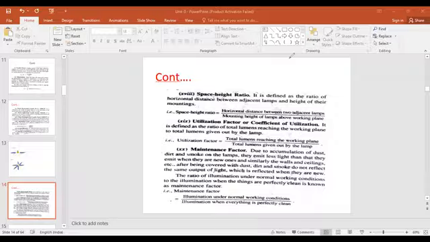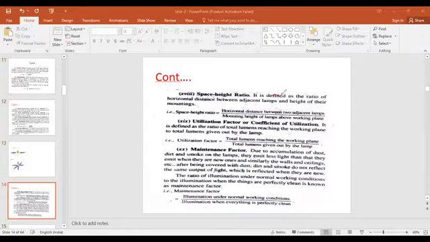If the lamp is on the ceiling, there is some distance between the two lamps, and it is mounted at some height above the working plane. The working plane is your earth surface. That is the height. Space is the distance, and height is the height of the lamp from the working plane.